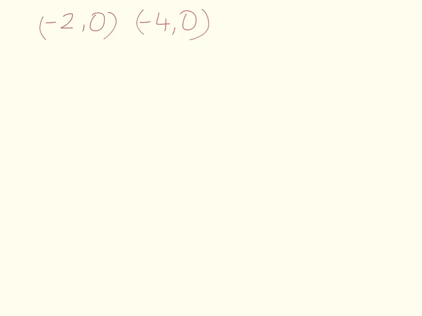If we recall, the turning point is the point in the parabola where it is exactly symmetrical. It's exactly symmetrical about the turning point. So if I've got my parabola here, for example, and let's imagine this was minus 4 and this was minus 2, it would be exactly symmetrical halfway between those 2 points.